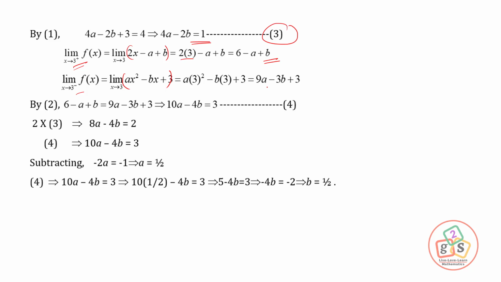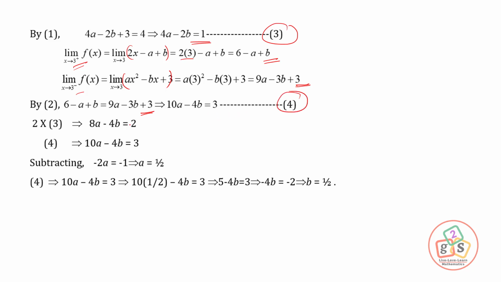Simplifying, we get 9a minus 3b plus 3. Given the function is continuous at x equals 3, the left hand limit is equal to the right hand limit. So we equate these: 6 minus a plus b equals 9a minus 3b plus 3. Simplifying further, we get 10a minus 4b equals 3. Consider this equation number 4.